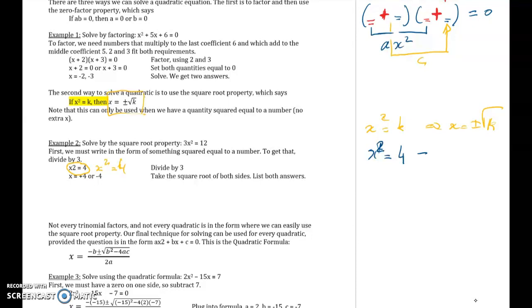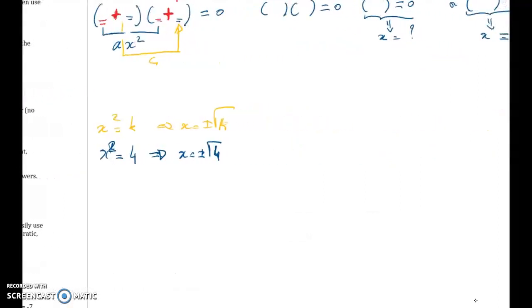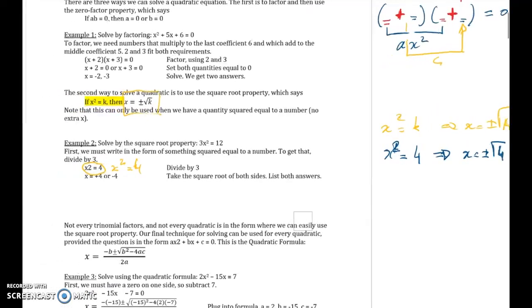So I end up with x equals plus or minus the square root of 4, which is x equals plus or minus 2.